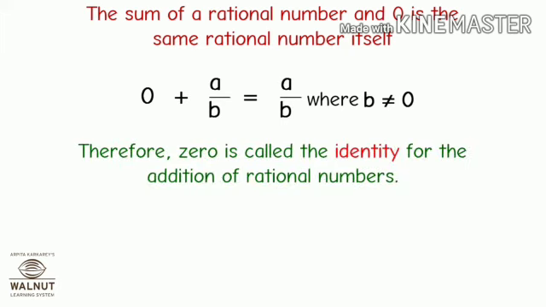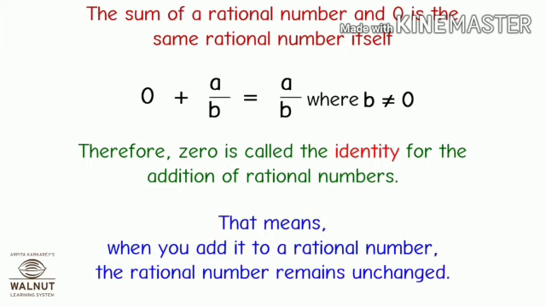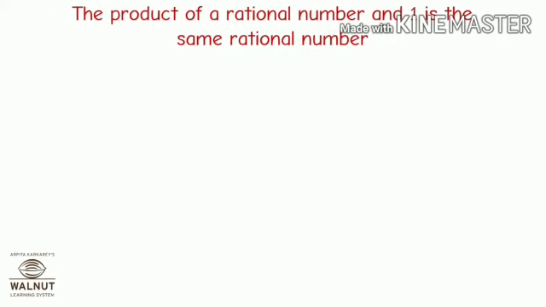Therefore 0 is called the identity for the addition of rational numbers. That means when you add 0 to a rational number, the rational number remains unchanged.